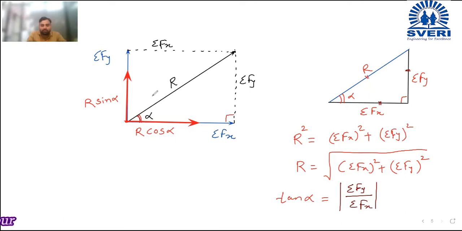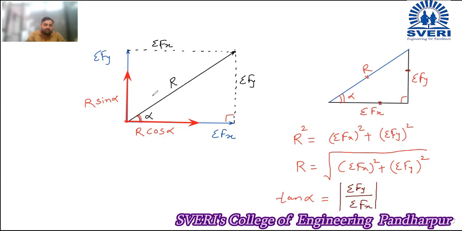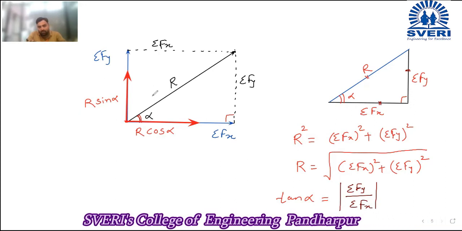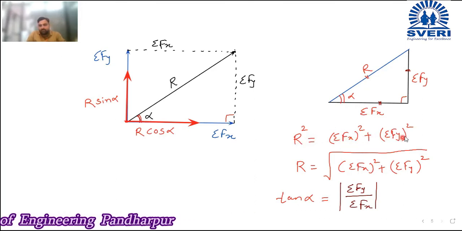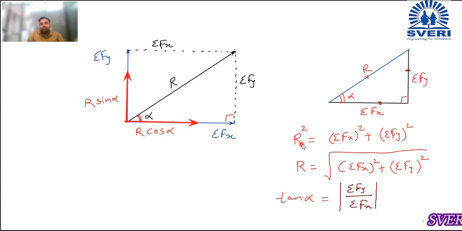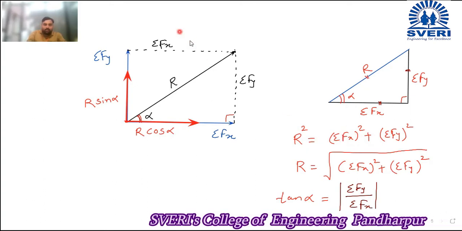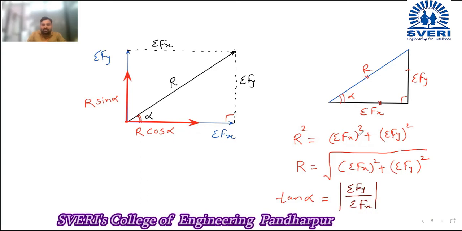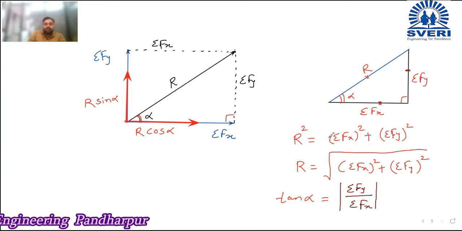Now you may ask, how do you know that summation fx is R cos alpha and summation fy is R sin alpha? If anyone has a doubt, see this equation: R square is equal to summation fx square plus summation fy square. This is the right hand side, and R square is the left hand side, with an equal to sign in between. To prove this, I will put the values of summation fx and summation fy, that is R cos alpha and R sin alpha, in this formula and check whether we get the same left hand side.